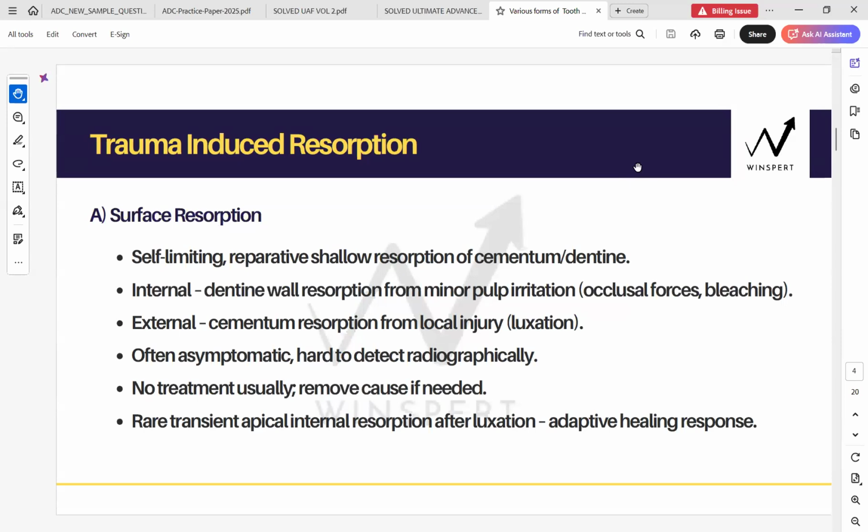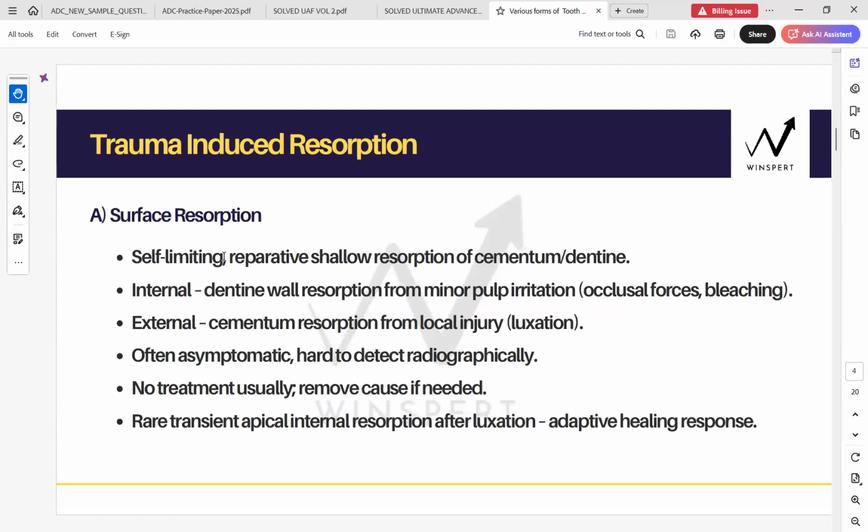Again, it is a kind of a physical irritation, a physical trauma, and not the inflammatory or infection kind of resorption. It is usually asymptomatic. Sometimes it is so superficial that even on your x-rays you can miss it. And that is why no treatment is necessary, because the number one important point is it is self-limiting.